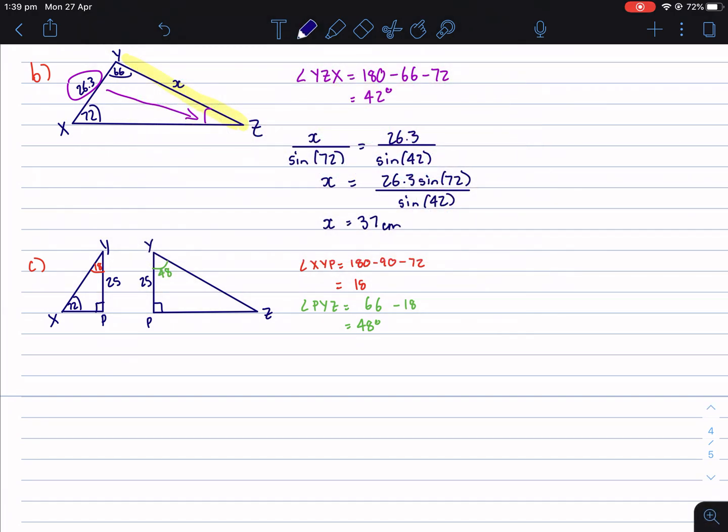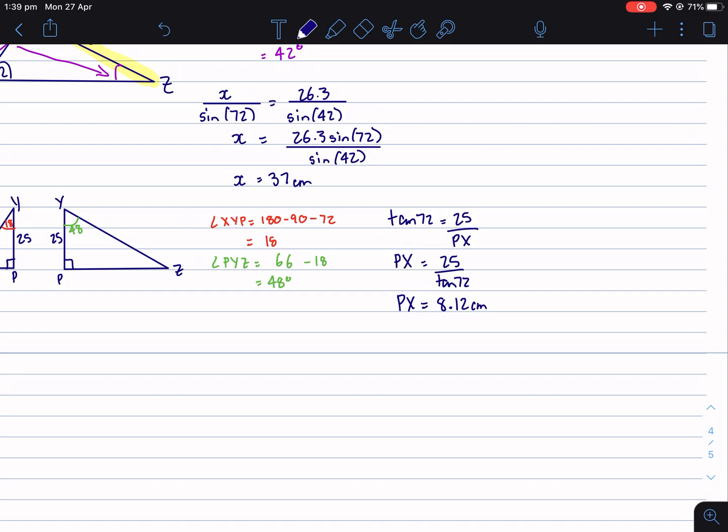Okay, so we know to figure out PX, we're going to have to use tan. So tan 72 equals PX on... No, it's 25 on PX, sorry. Which means PX equals 25 on tan 72, which is 8.12 centimeters.